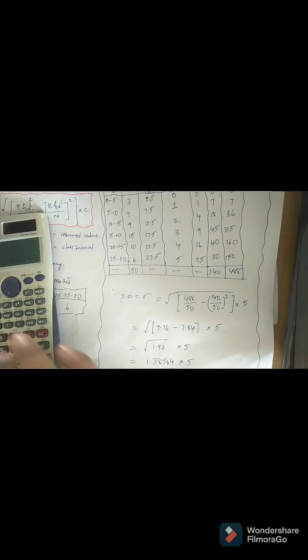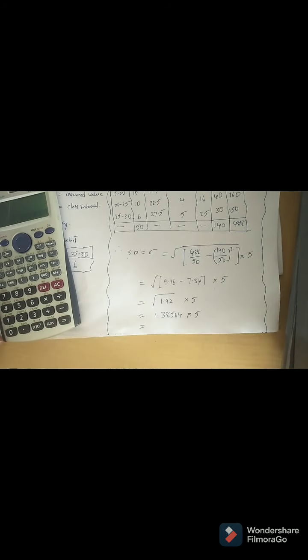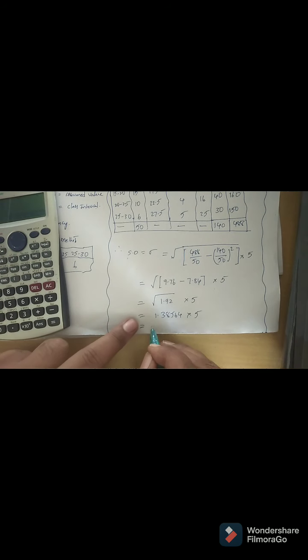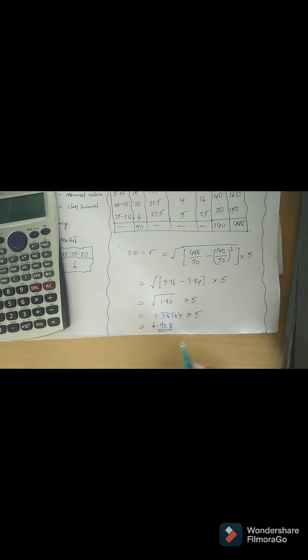So how much will you get here? Finally you will get 6.928. So this is the standard deviation. By which method? Step deviation method. So both the methods, direct method and step deviation method, yielded the same answer.